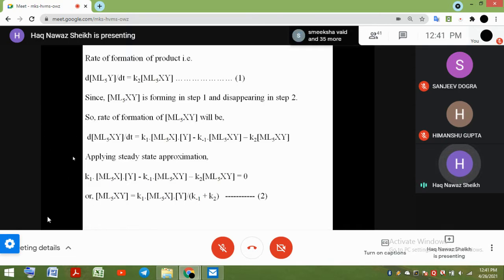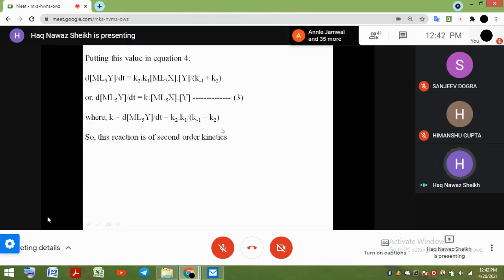So the overall net formation of this is zero. So you equate this equation equal to zero. Again, take [ML5XY] common, and you will find it is equal to K1, the initial substrate, into Y divided by K minus 1 plus K2.